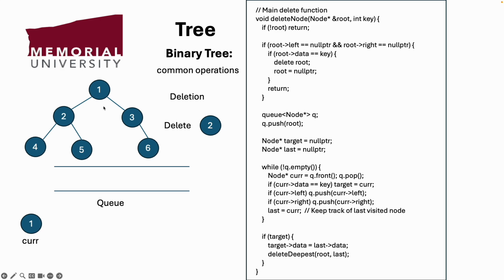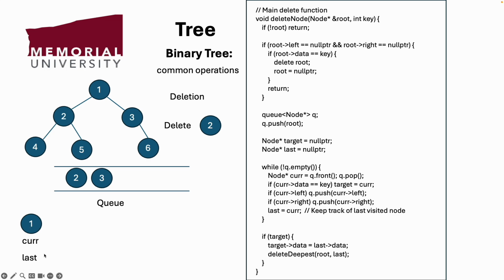Current left, the left child is 2. Yes, they have a left child, which is 2, so we push the left child into this queue. And then we check the right child. The right child is node 3, so we push the node 3 into the queue. And then we define the last pointer pointing to the current pointer, which is node 1.